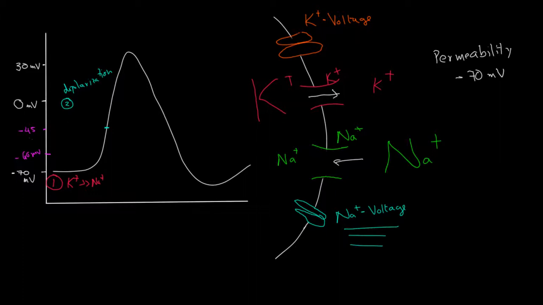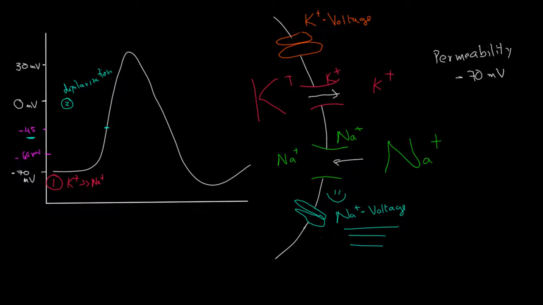Now what happens is once we reach this voltage of negative 45 millivolts, it causes this channel, which is normally closed at rest, to open up. Now you'll remember that sodium is a lot more outside than inside, so it wants to take its positive charge inside, but we don't have that many channels open. But once you get to negative 45, you open this guy up, which makes sodium very happy.